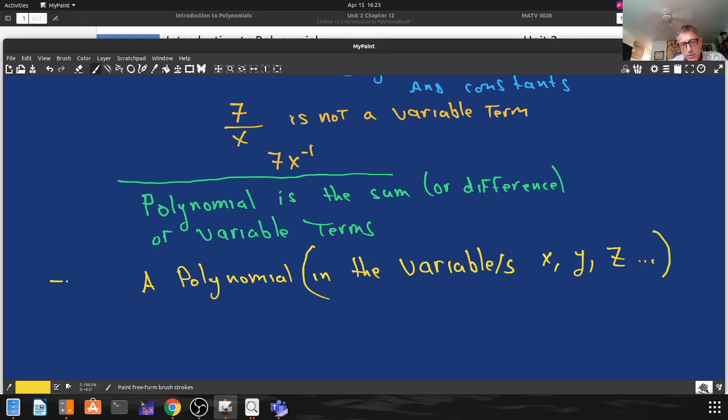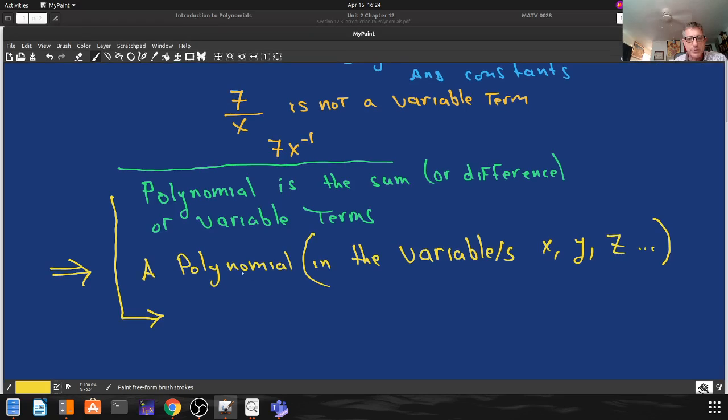Now, these are really important in math, but for you all, pretty much we're going to be talking about a polynomial in the single variable x. Although we're going to be looking at some other types of polynomials that are in more than one variable, or a polynomial in a single variable that's different from x.